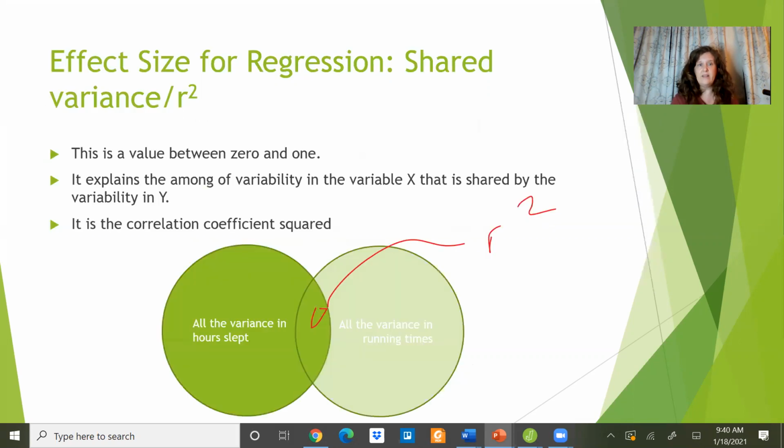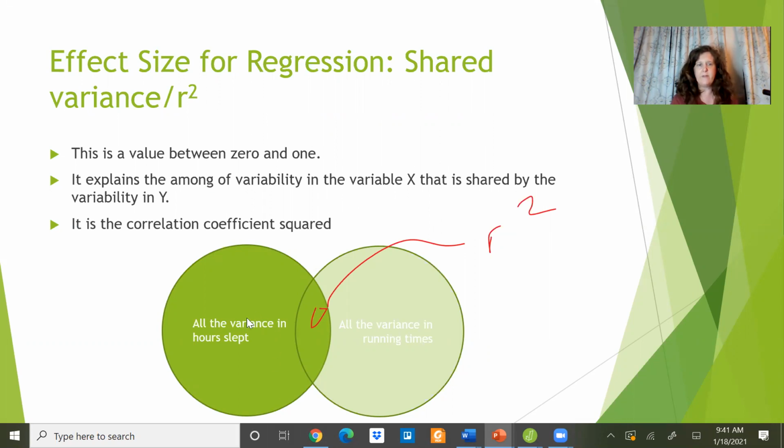What is variability? Variability is all of the different answers. If I ask you all for your resting pulse rate, I'm going to get different responses. That's variability in my data set. But where does the variability come from and how much of it is shared between the two variables, such that the two variables have some sort of correlation, some sort of regression ability?